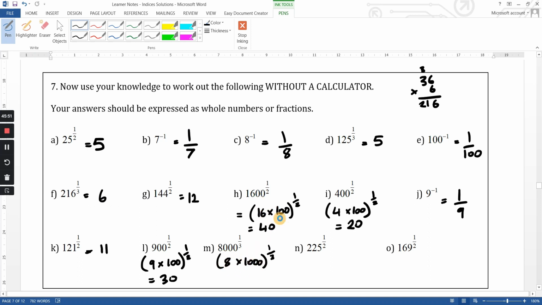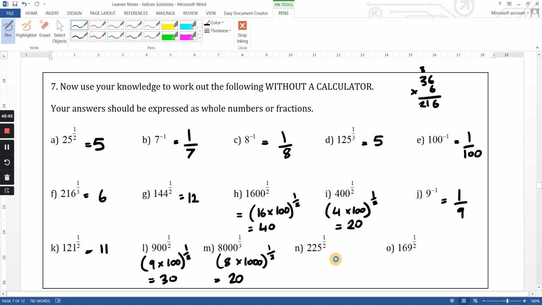When I split it here as well, I was looking at square numbers because I knew I was going to square everything. Same here, I was going to square these. So in this case, I'm splitting them into cube numbers. I know that 8 is a cube number, 1000 is a cube number, and then I can do the cube root of these. Cube root of that is 2, cube root of that is 10. 2 times 10 is 20.